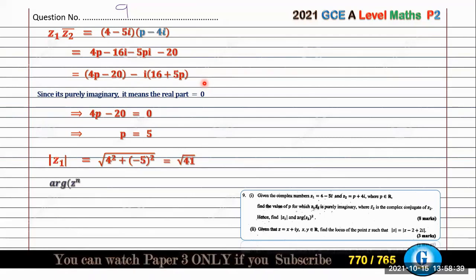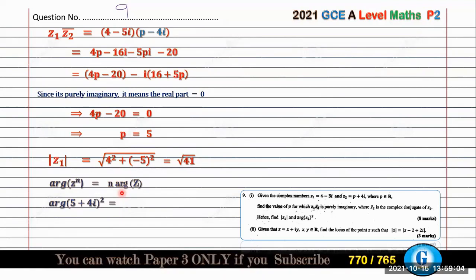Then find the argument of z2 squared. For this, we can first of all decide to look for z2 times z2, which will give us z2 squared, and then look for the argument. Or we can decide to use the formula that arg z to the power n is equal to n arg z. So we can look for arg z, for which we have 5 plus 4i, right?